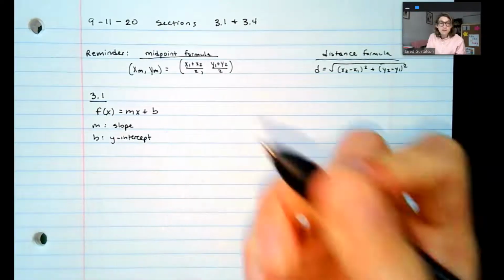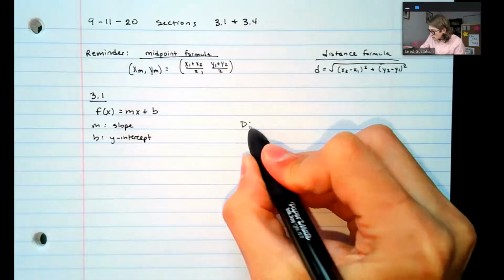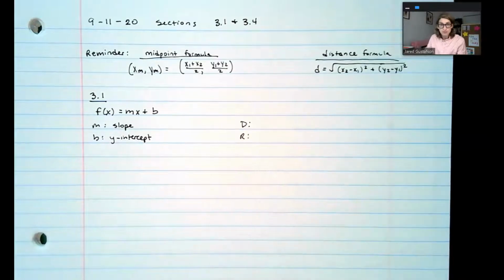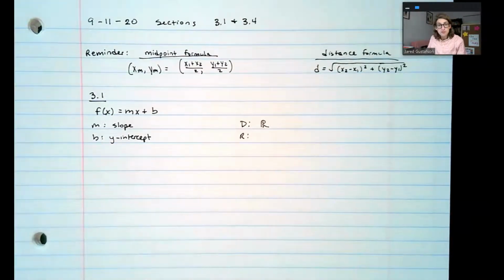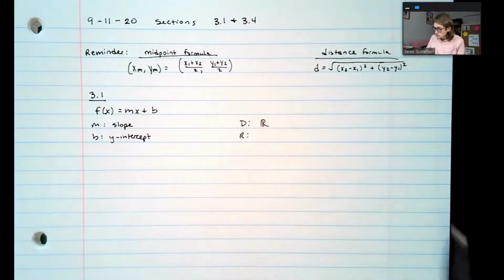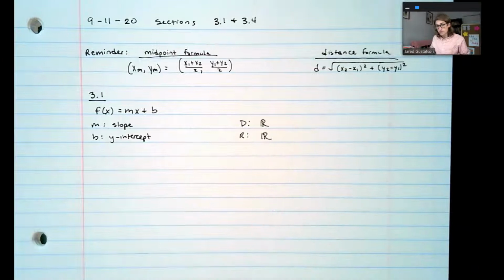Something we haven't talked about this year, I'm hoping that you remember. What about the domain and range? Domain and range of linear functions, well, the domain, you think about it stretching left and right along the x-axis. That's all real numbers. Hopefully you've seen that before. The range is also going to be all real numbers because it's got a slant.